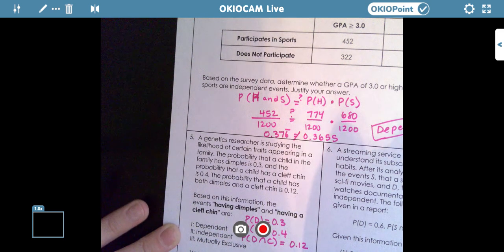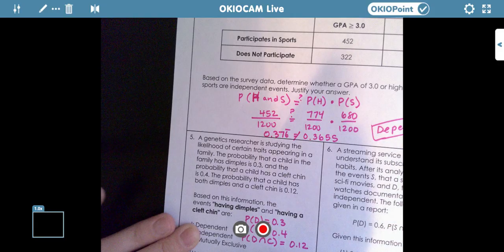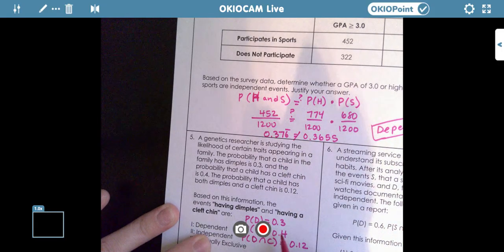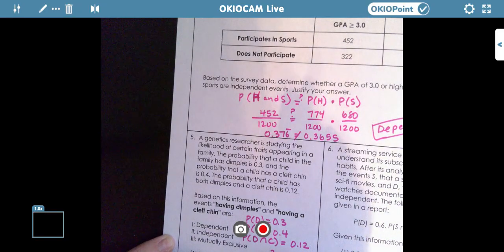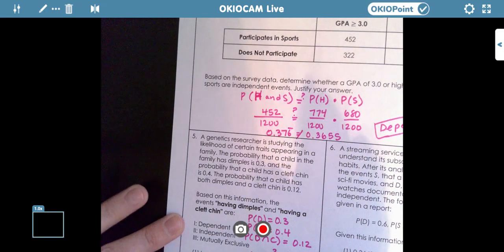So we want to know, are they independent, dependent, or mutually exclusive? Or a combo of both here. So we want to know if the and, 0.12, is equal to each of them separately multiplied here. So 0.3 times 0.4 is indeed 0.12. So these two are equal, so that makes them independent.